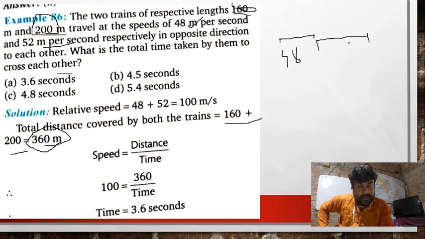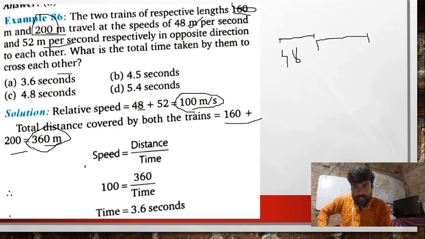Because they are coming from opposite directions, their speeds contribute positively to cover the distance in the same time. So 48 meters per second and 52, the total speed is 100 meters per second. Okay, so it's very easy.